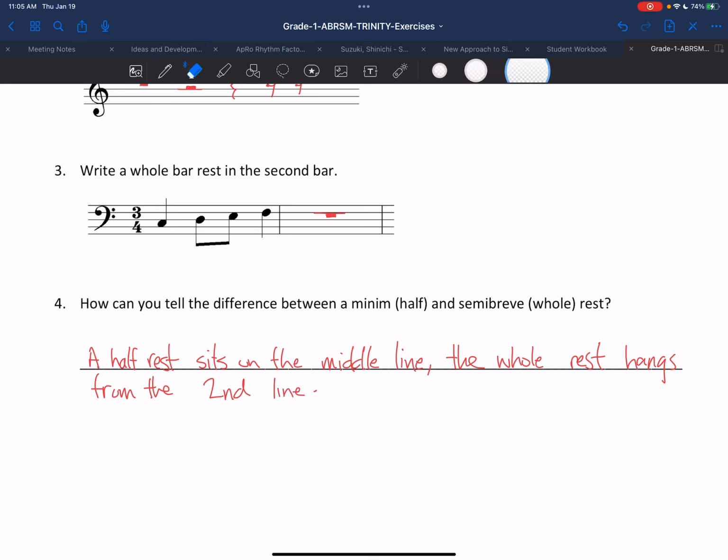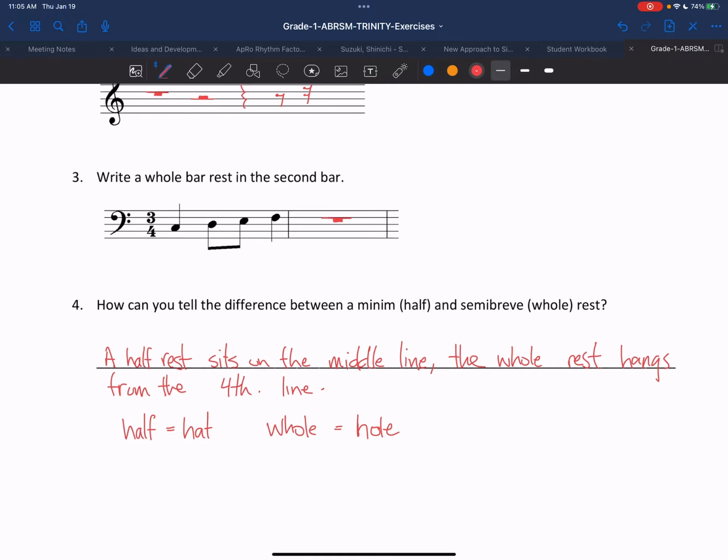Actually, we shouldn't say second, sorry, we should say the 4th line, always counting from the bottom to the top. You can also remember a half rest looks like a hat, and a whole rest looks like a hole. That's the way I remember it, but you may have a different method.